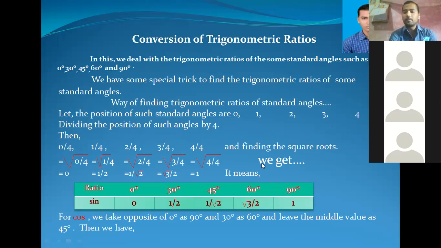That means what? As we have, the first trigonometric ratio is sine. These ratios, sine, cos, tan, are measured on the basis of 0 degree, 30 degree, 45 degree, 60 degree, similarly 90 degree, because we suppose the values of such angles as 0, 1, 2, 3, and 4 previously.